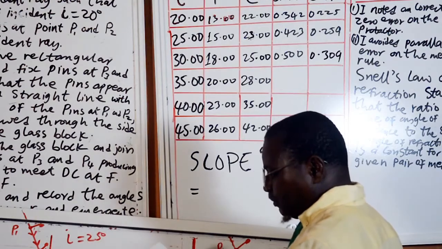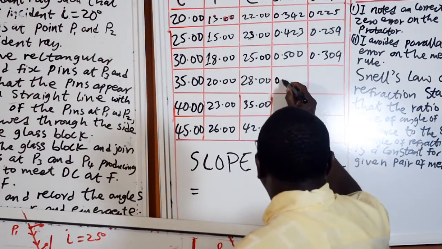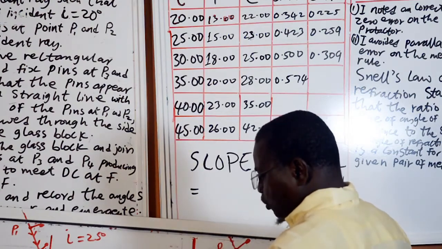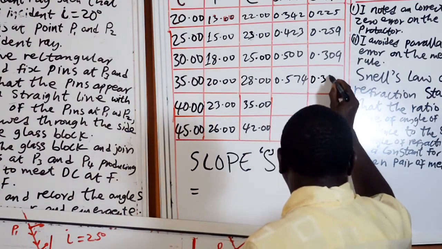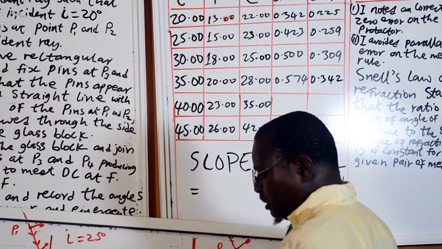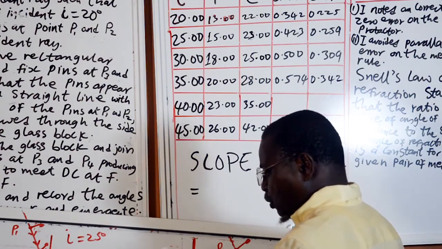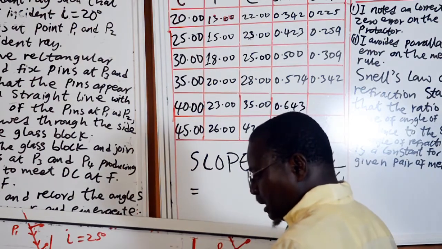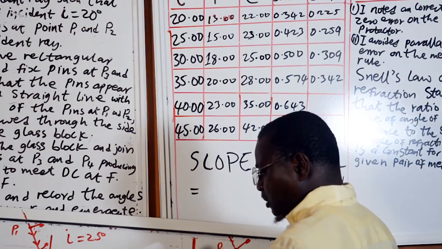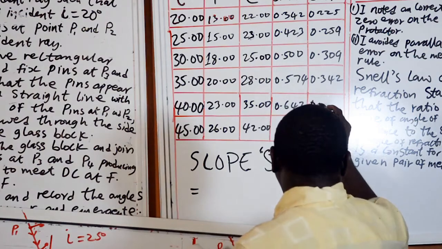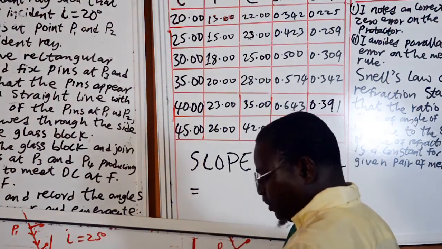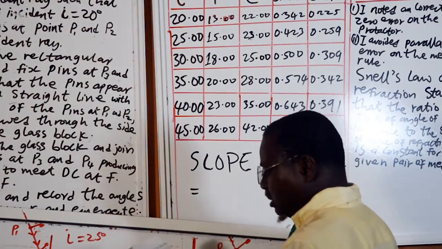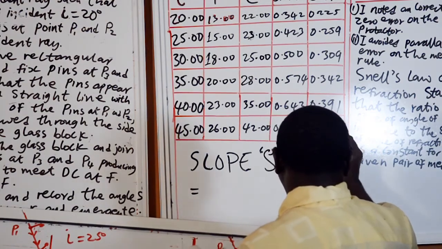Sine 35 is 0.574. Sine 20 is 0.342. Sine 40 is 0.643. Sine 23 is 0.391. Sine 45 is 0.707. Sine 26 is 0.438.